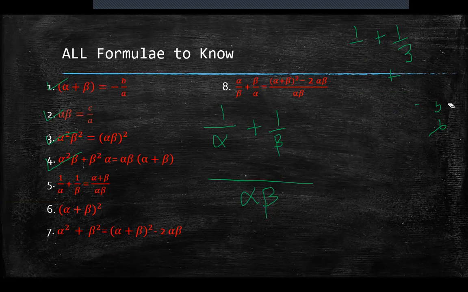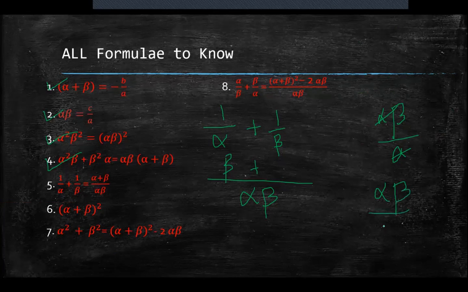Beta. And in case anybody doesn't understand why it's beta, let me show you. Alpha beta divided by alpha is beta, and the alpha will cross out. So what remains is my beta. Same for this: alpha beta divided by beta, cross out beta, so what remains is alpha.